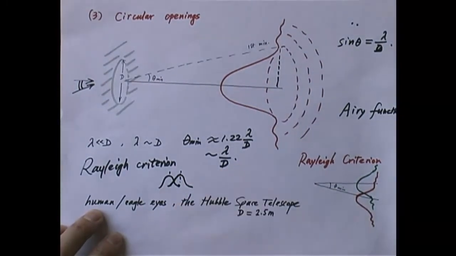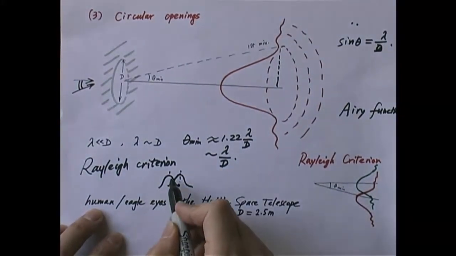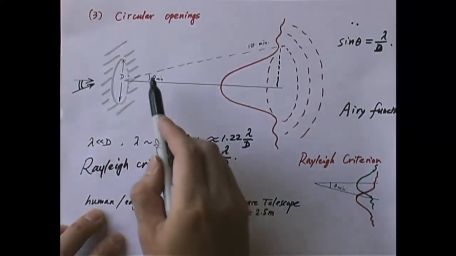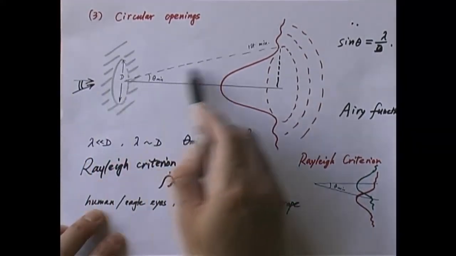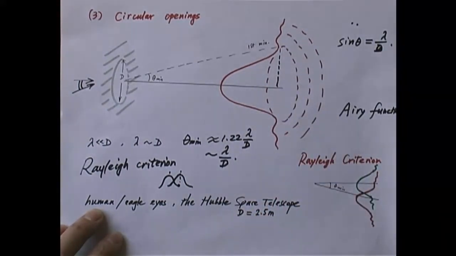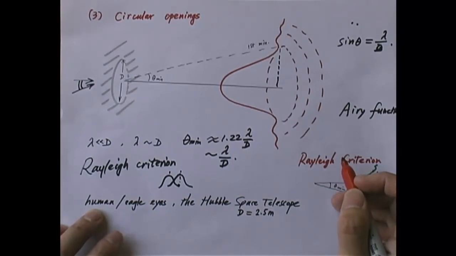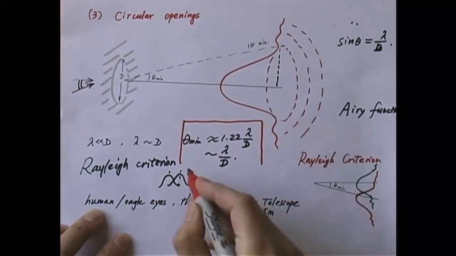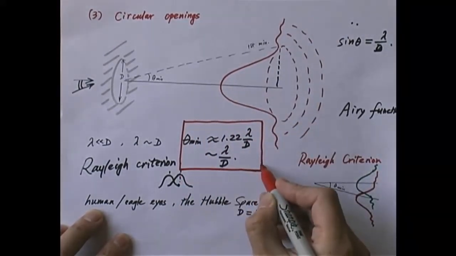So it's like this. So they are barely resolvable from one another. That tells you the minimum angle of separation between these two stars would be the same as this angle, because one comes this way, one comes that way. So this theta minimum really means the minimum angle separating the two stars that can be resolved with this lens. That is the resolution of the telescope.